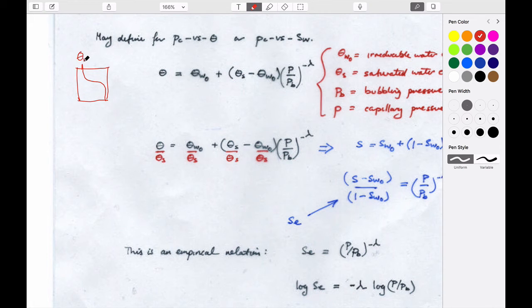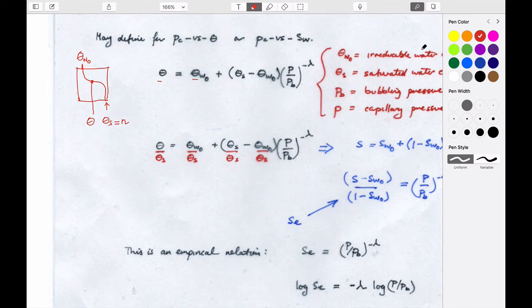This is theta W0. This would be whatever the moisture content we find ourselves at is. And this would be theta saturated, which we've already said is equal to the porosity.